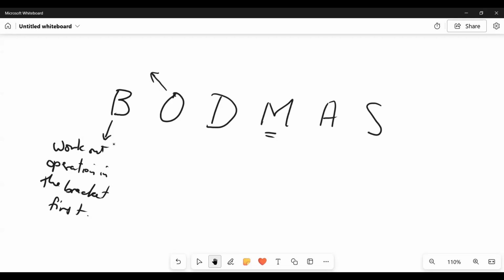The O can't be multiplied and the M multiplied too. Can't get it two ways. I think the O refers to powers of. So work out powers of numbers. After you have done brackets, you can now work out powers of numbers.